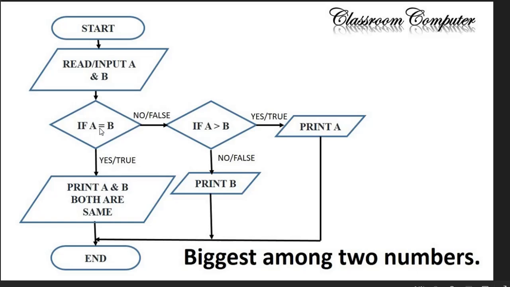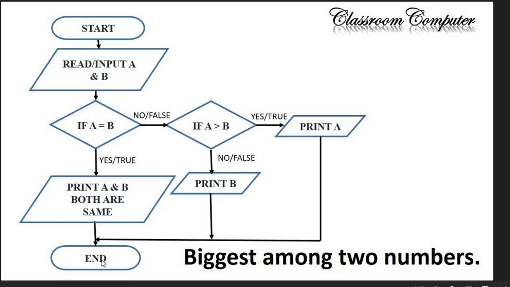But if both are not the same, that means I am going through the false hand, then I check if A is greater than B. Yes, then true hand, print A and the program ends. And if A greater than B is false, that means B is greater than A, and after that the program ends.